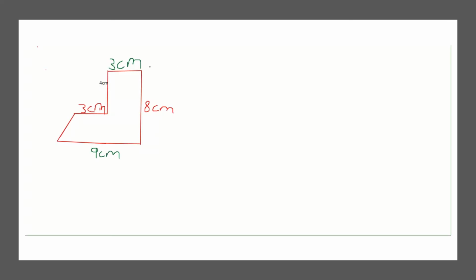So we have this irregular shape right here, and we're asked to find the area. The first thing that we should do when finding the area of an irregular shape is to divide the shape into shapes that we know. So I'm just gonna go ahead and do that real quick.